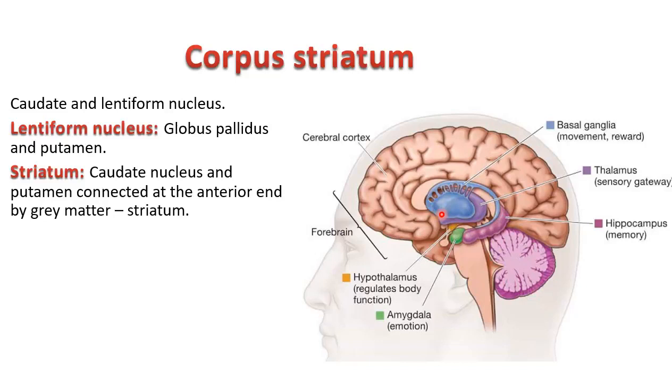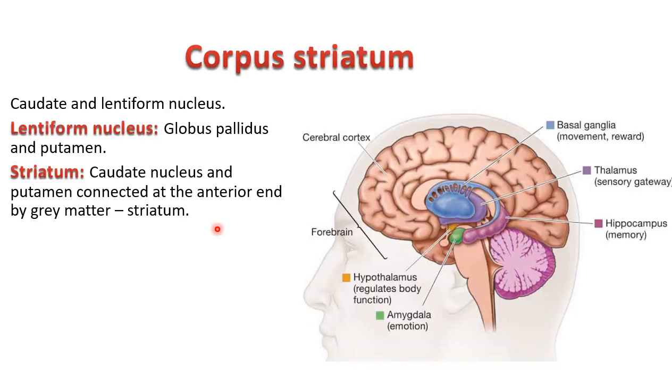They function as one single unit, that is your caudate nucleus and the lateral part of the lentiform nucleus, the putamen. They are called the striatum, and they also belong to the neostriatum, part of the neocortex. That is why it is called the neostriatum.